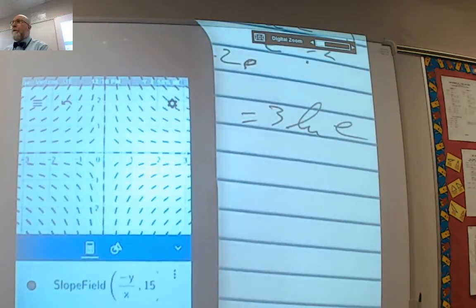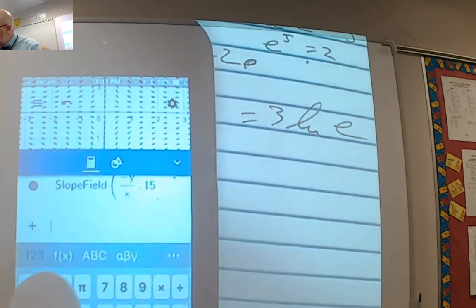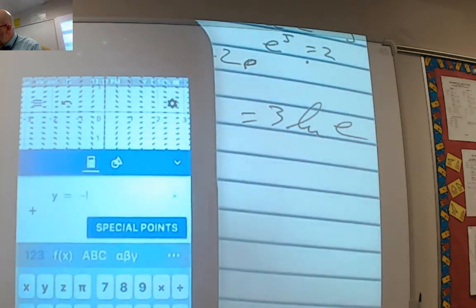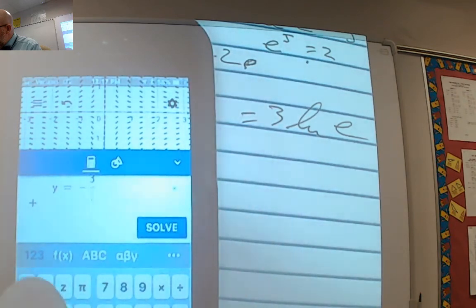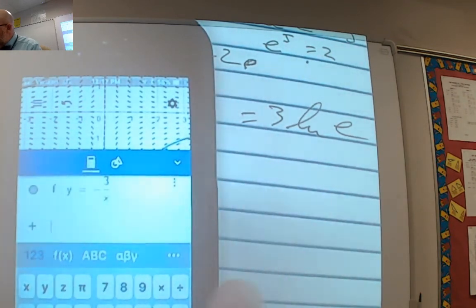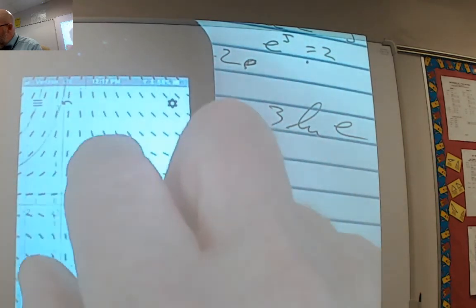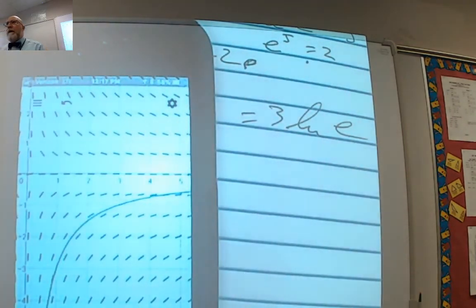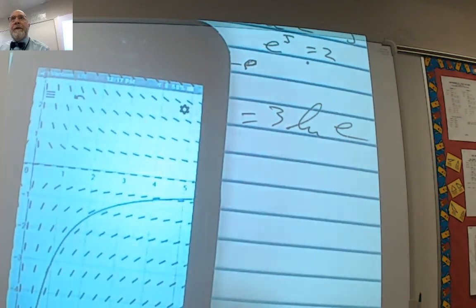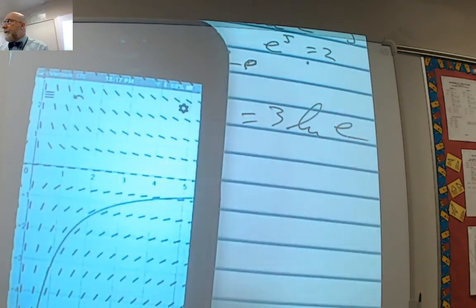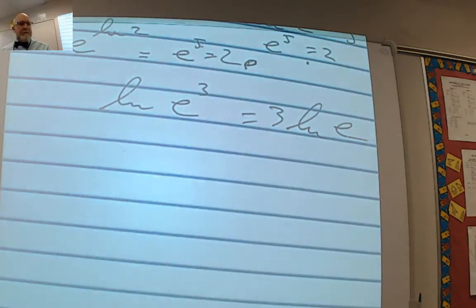Is that our graph? No, but when I turn it back, that's what my eyes are. Isn't that our graph? Yes. Wow.